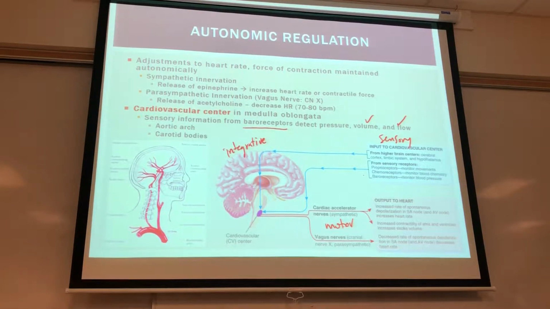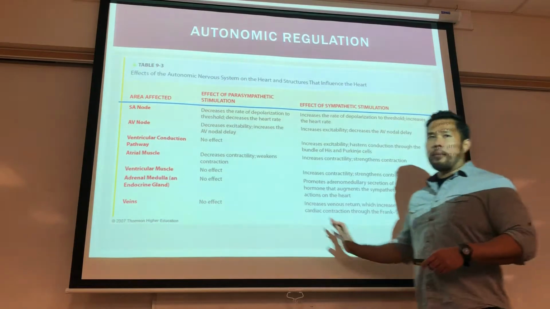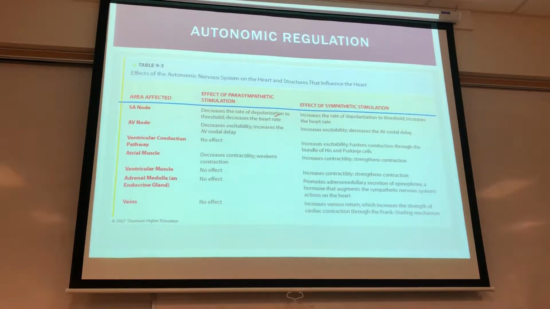The other things to look at in this table, as you know, I really like my tables to help sum up all that information. You can see the SA node, AV node, and ventricular conduction pathway are all going to be related to the pacemakers. The atrial muscle down to ventricular muscle are going to be our muscle cells.